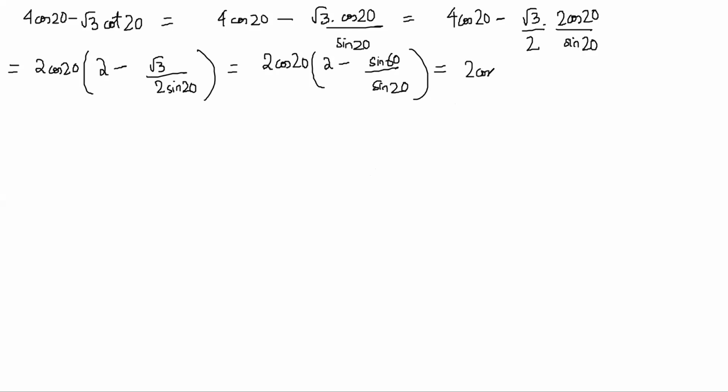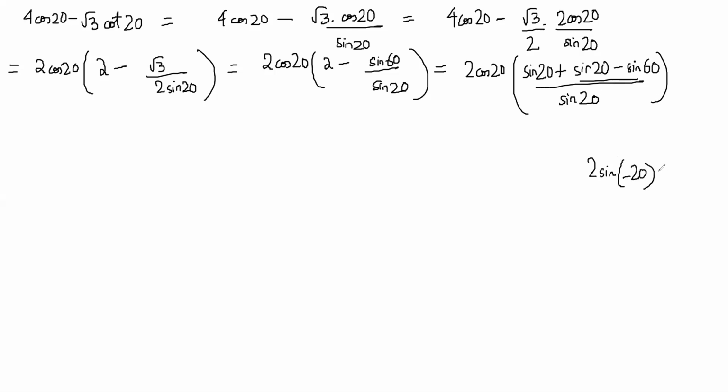We have 2 cos 20 times (2 sine 20 minus sine 60) by sine 20. So let's apply sine C minus sine D here. It becomes 2 sine of (20 minus 60) by 2, which is minus sine 20, into cos of (20 plus 60) by 2, which is cos 40.